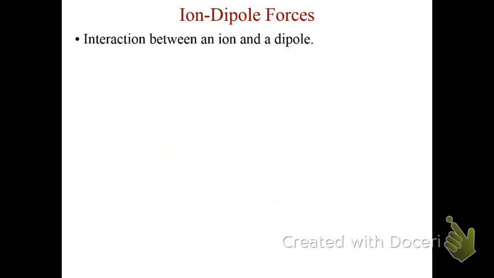Now, first one we deal with is ion-dipole forces. We have an ion in solution with a dipole. Remember, we said a dipole is a molecule that has two different poles, a positive and negative end. Because of that, they'll be attracted, of course, to an ion, which is a charged particle. This will be the strongest of all intermolecular forces, just because of that difference in charge, it makes a huge difference in the ability to pull.